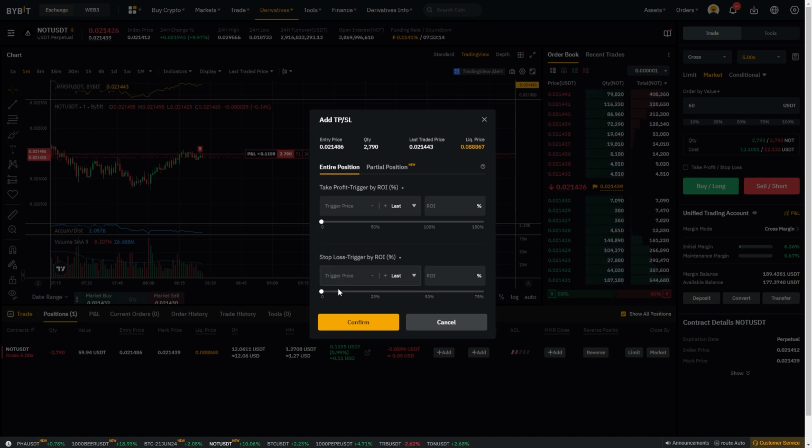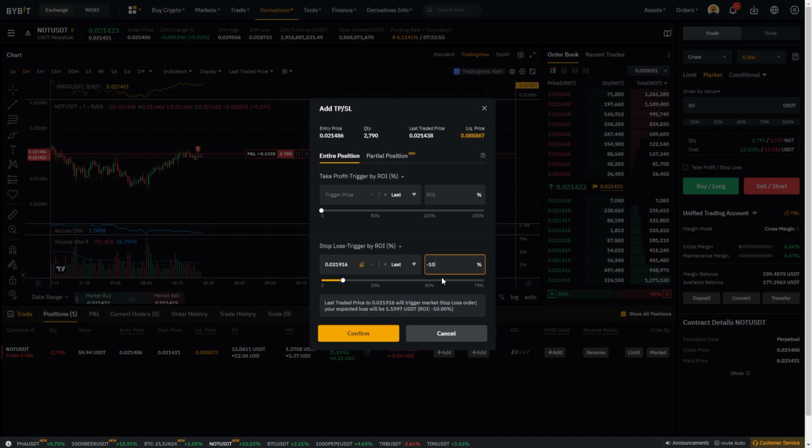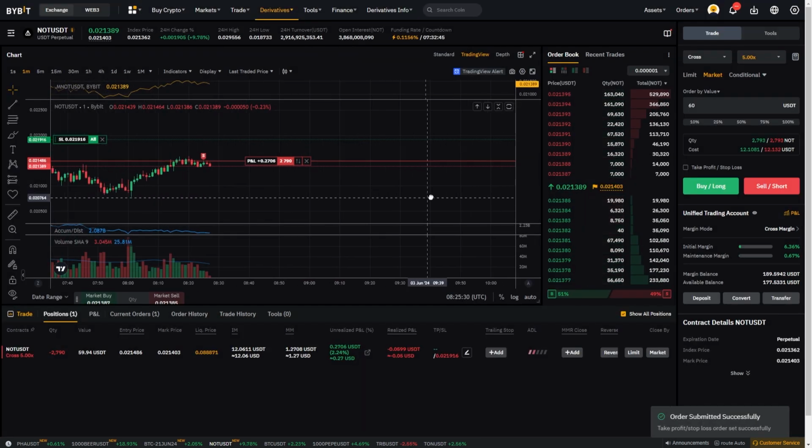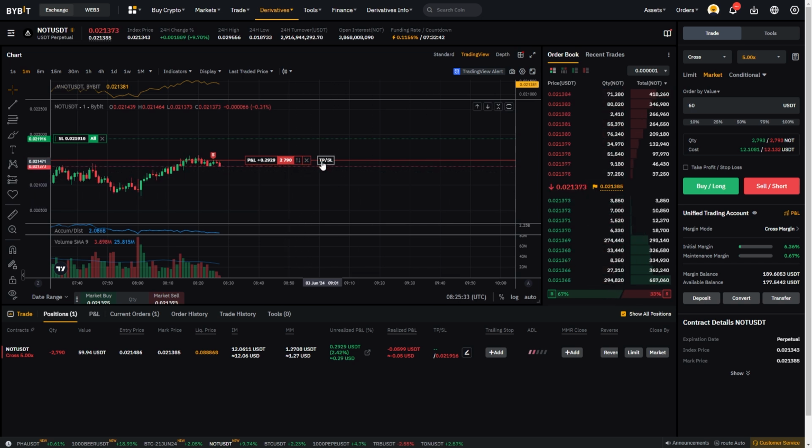That is, let's say we have now a deal in minus $1 and we do not want to lose more than $1, so that our minus does not go more than 1%. We can set it to 1%. That is, look, minus 10%, let's say, we set it. We lose about $1. Let's probably set it that way. Everything, we can also set take profit by pressing TPSL, by pressing right here on the chart and setting our take profit.